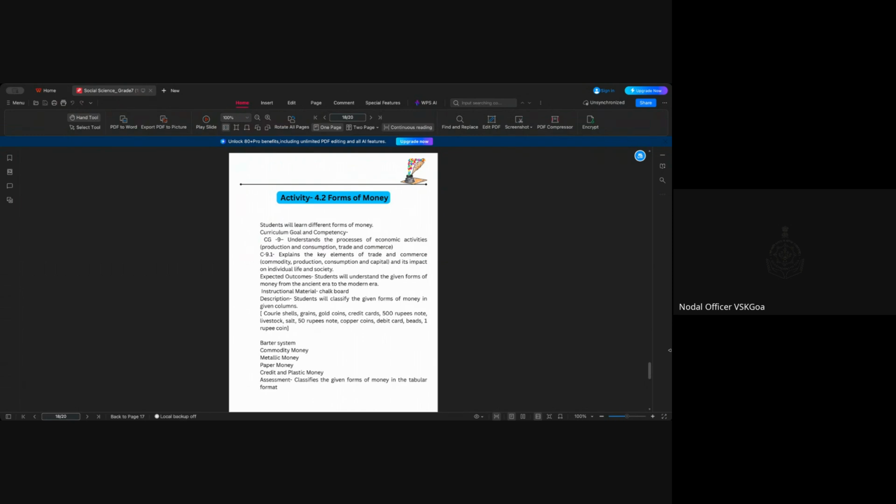The teacher may divide the students and tell them to classify the given forms of money in the columns provided. For example, the teacher may give them shells, grains, gold coins, credit cards, a 500 rupee note, livestock, salt, a 50 rupee note, copper coins, debit cards, beads, or 1 rupee coins.